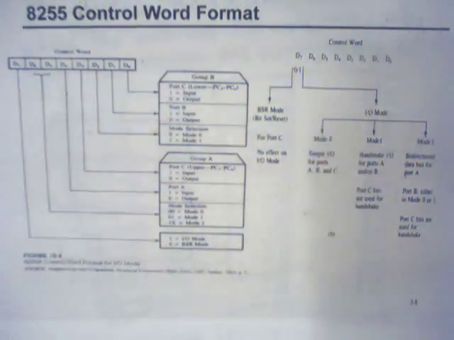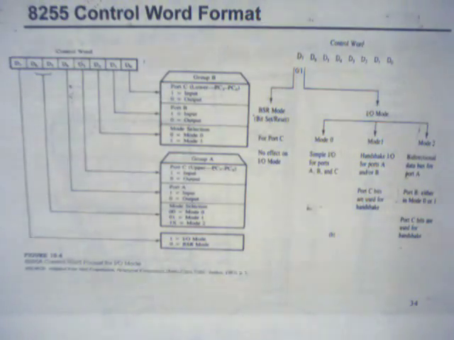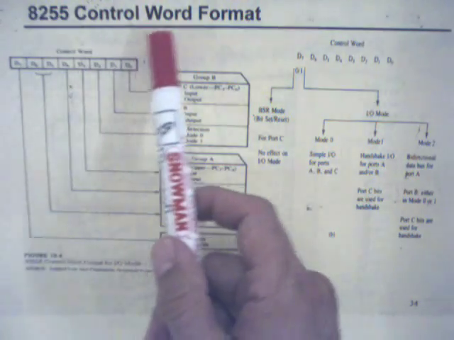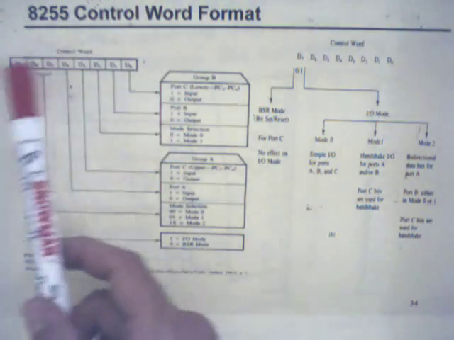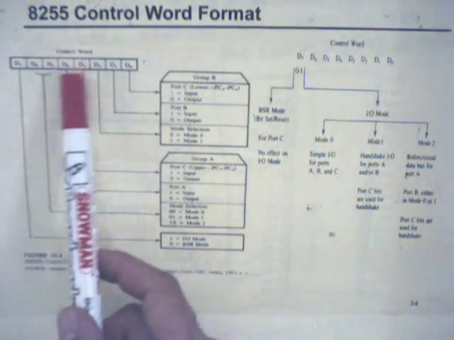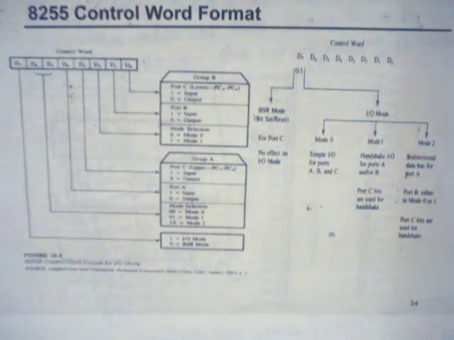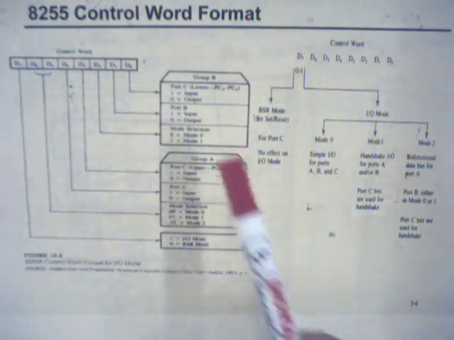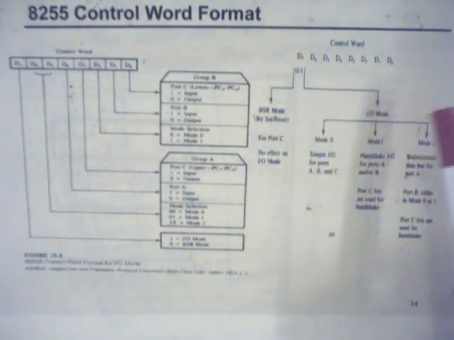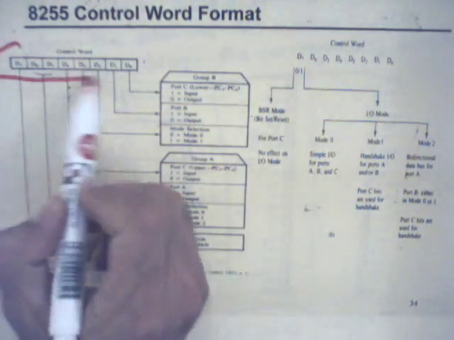Now, how do we determine or program the ports, whether they are input or output, is the topic of the 8255 control word format. There is a register called control register or control word. By changing the corresponding bits in that register, this peripheral adapter 8255 is programmed. This is the summary of the different modes and programming conditions of that word. This is the 8-bit register from D7 to D0.